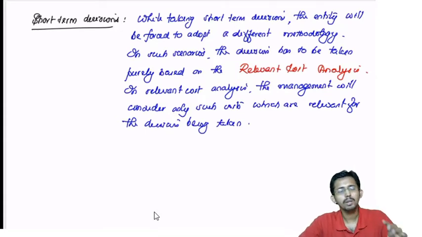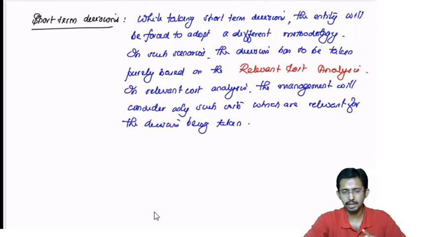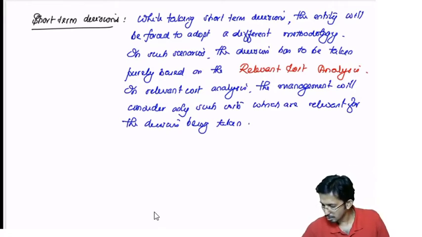Is it clear? So any short-term decisions have to be taken based on relevant cost analysis, whereas any long-term decision has to be taken based on total cost approach. That is the basic difference between short-term decisions and long-term decisions.